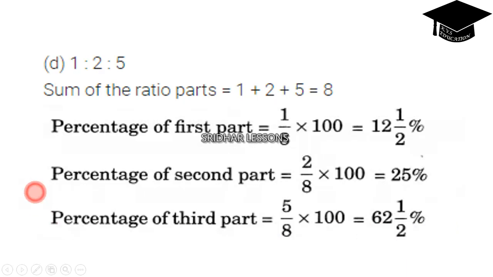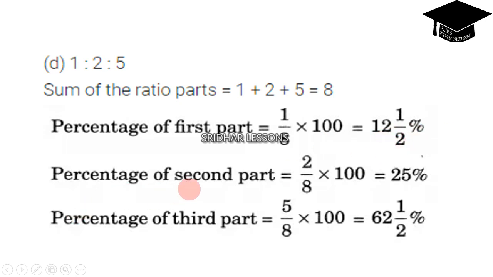Next question. Question D. In this we have three values. 1 is to 2 is to 5. So the sum of the ratio parts is equals to 1 plus 2 plus 5, which is equals to 8. The percentage of first part is equals to 1 by 8 into 100, because we have 8 parts. 1 by 8 into 100, we can call this as 25 by 2 upon cancellation, or we can write this as 12.5%.